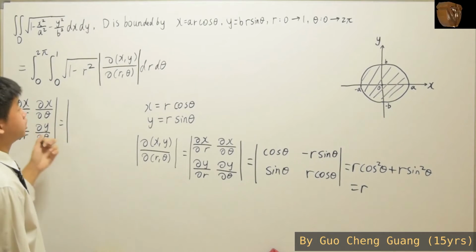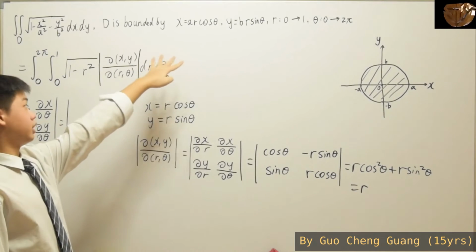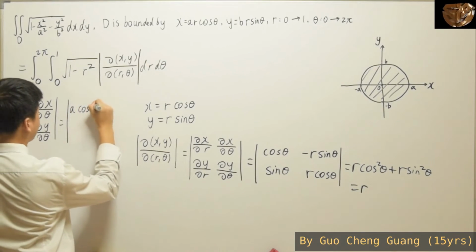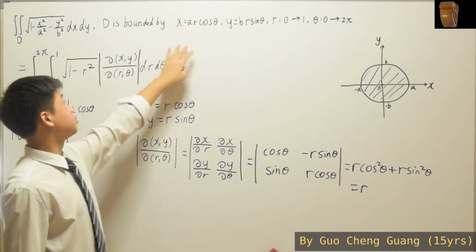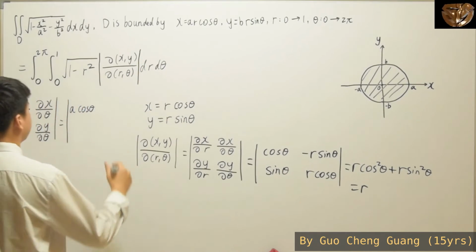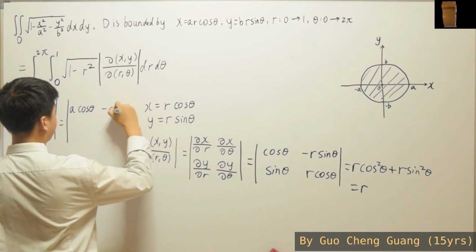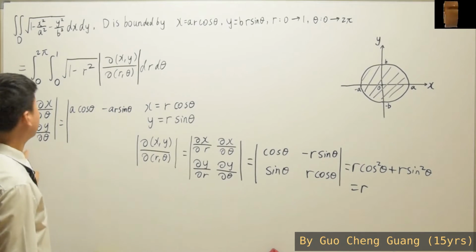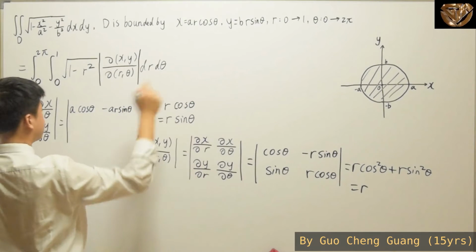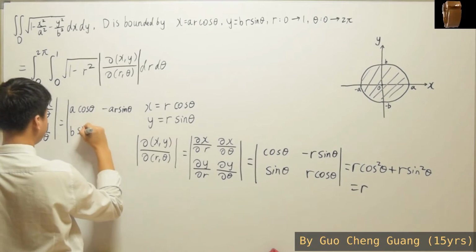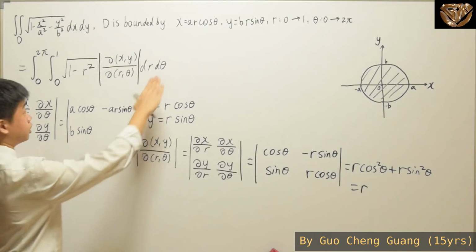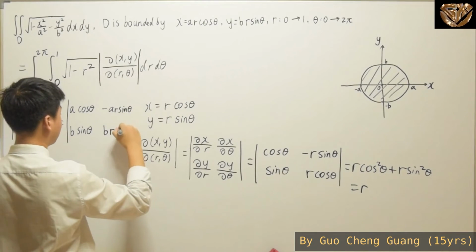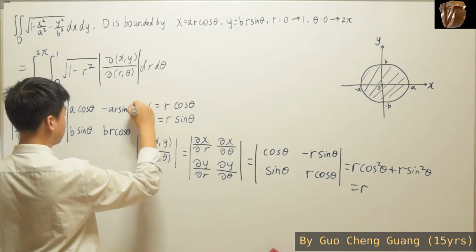Partial x, partial r: you just differentiate whatever you have up here, which will give you a cosine theta. Partial x, partial theta will give you negative a r sine theta. Partial y, partial r, you have b sine theta, while partial y, partial theta will have b r cosine theta.